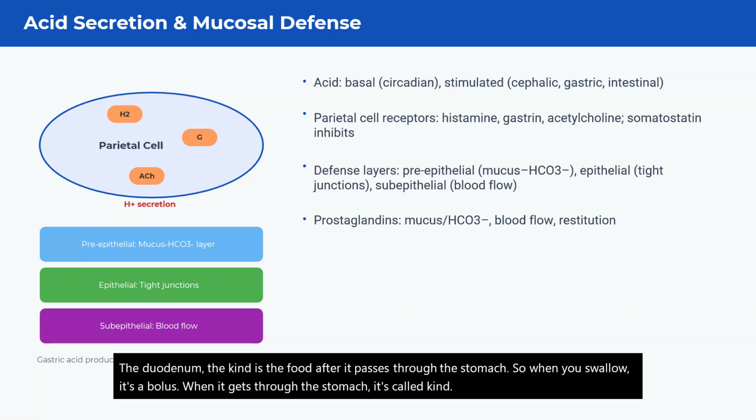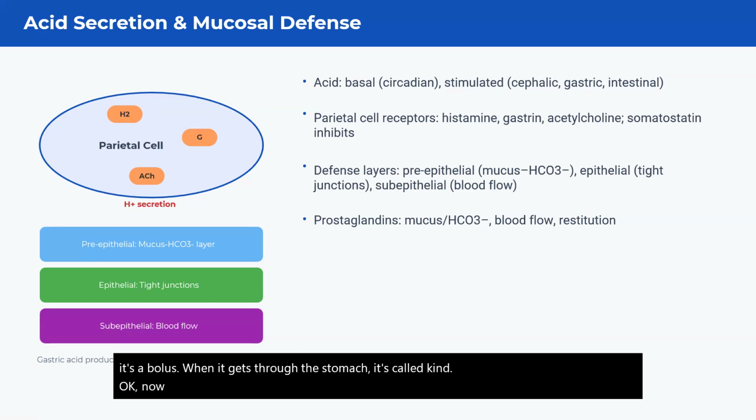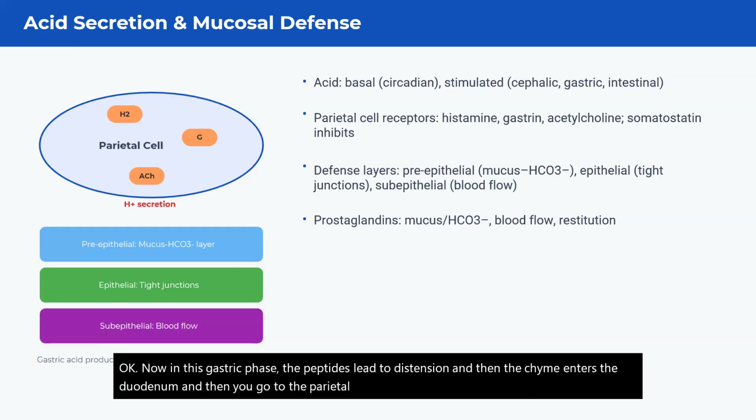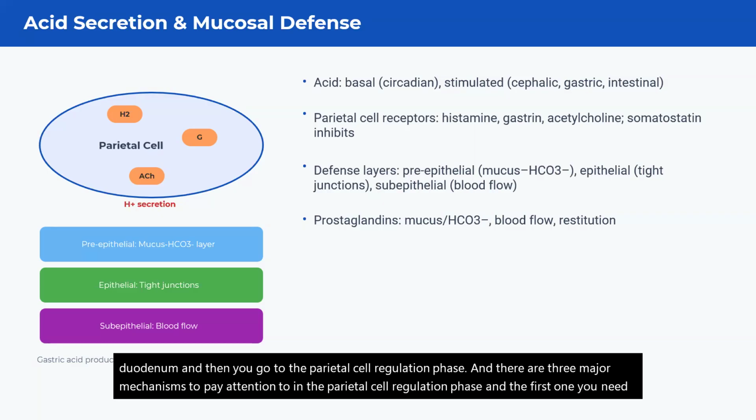Okay. Now, in this gastric phase, the peptides lead to distension, and then the chyme enters the duodenum, and then you go to the parietal cell regulation phase. There are three major mechanisms to pay attention to in the parietal cell regulation phase. The first one you need to note is H2, histamine 2.